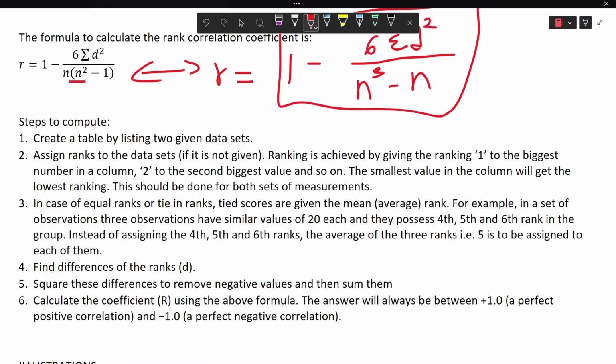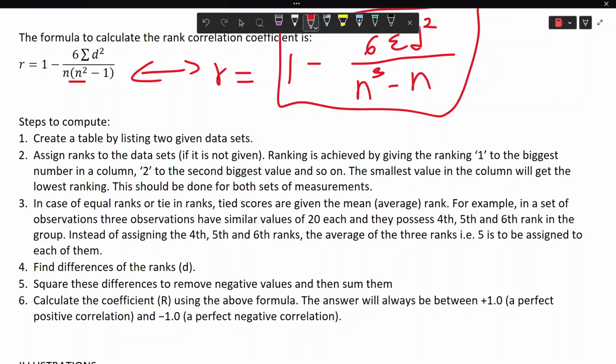In case of equal ranks or tie in ranks, tie scores are given the mean or the average rank. For example, in a data set of observations, 3 observations have similar values of 20 each, and they possess 4th, 5th, and 6th rank in the group.